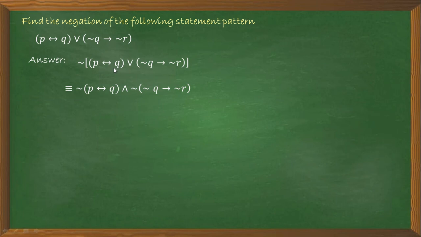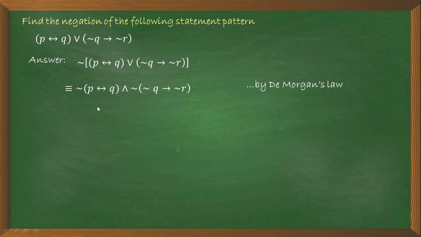After applying De Morgan's law, we will get the negation of P double implies Q, and OR becomes AND, and negation of, in bracket, negation Q implies negation R. So this is by De Morgan's law. Now here we require the meaning of P double implies Q, and also the meaning of the implication.